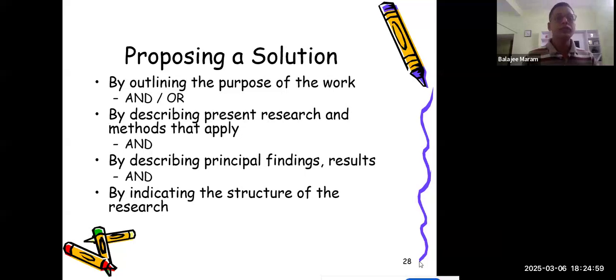So that is the last part in the introduction. By outlining the purpose of the work, by describing present research and methods that apply, by describing principal findings and results, by indicating the structure of the research. These points are related to proposing a solution.